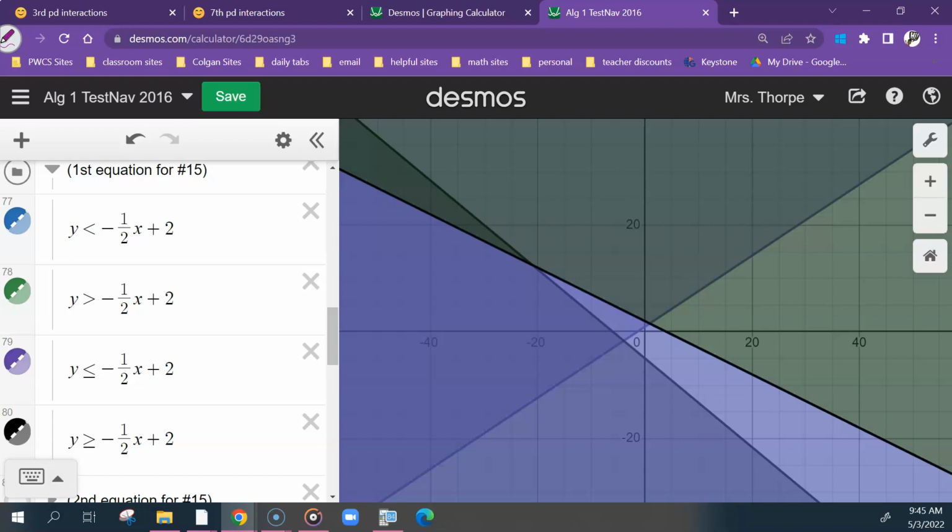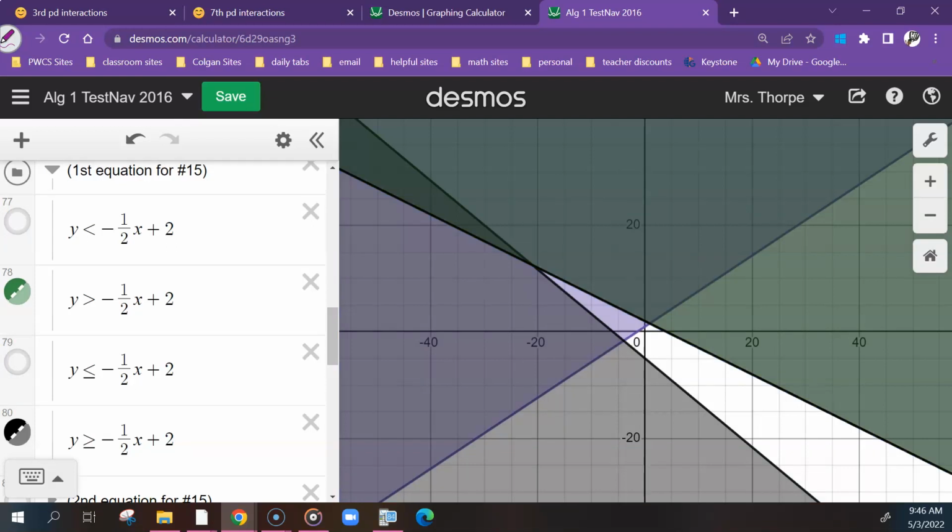I would need something that has this line but is shaded above it. So it can't be less than, and it can't be less than or equal to. But it could be one of these two, except it can't be the dash line. So you could do that.